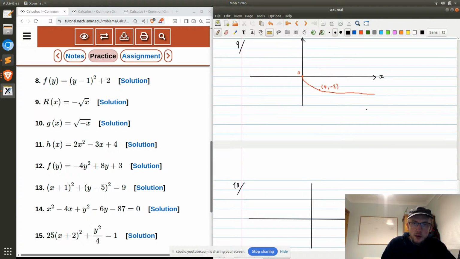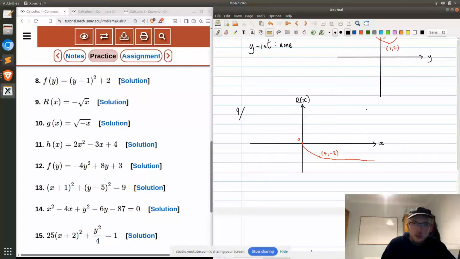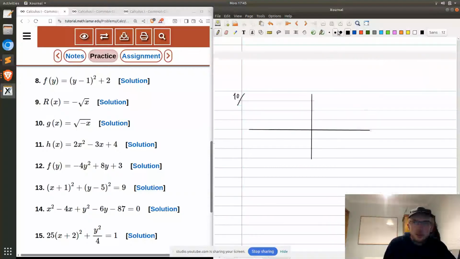Now, did I label those? I did. Okay, good. It's becoming more automatic now. There.